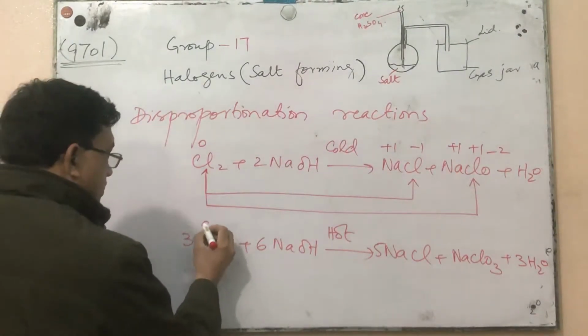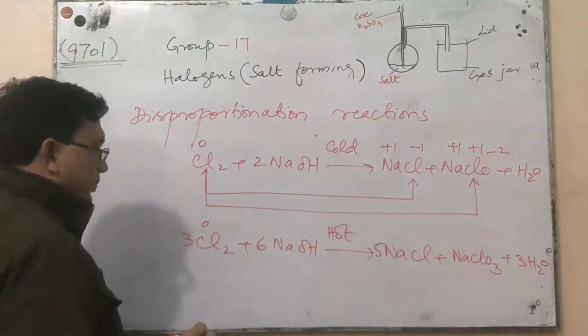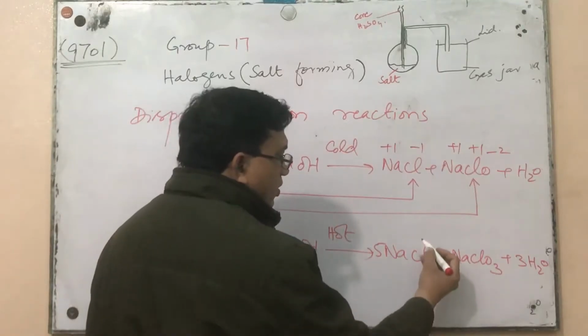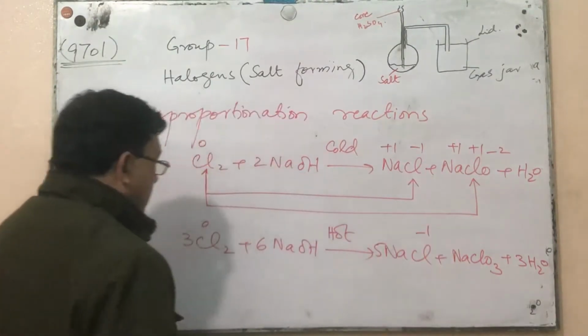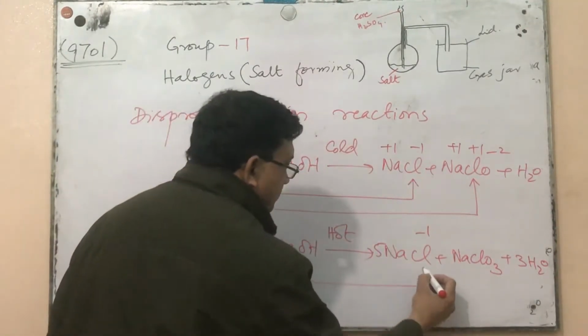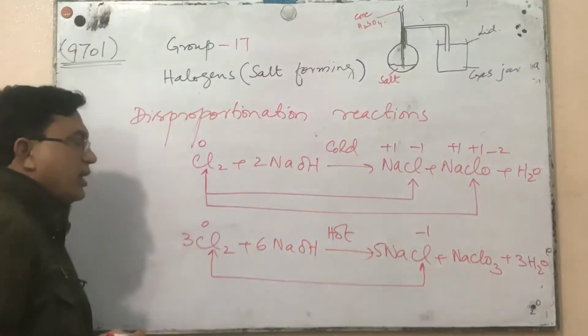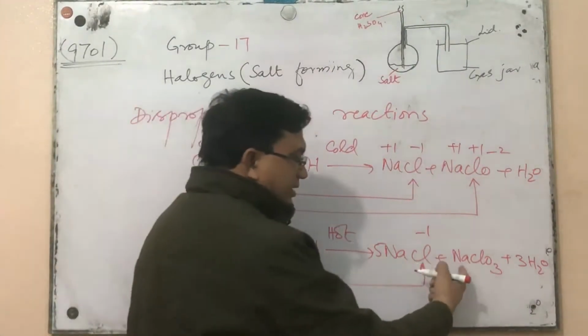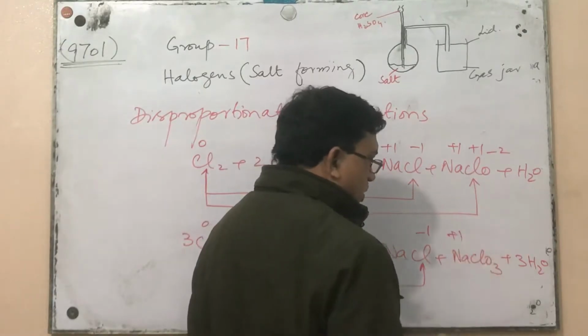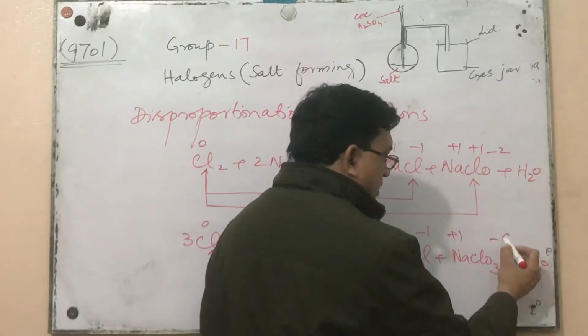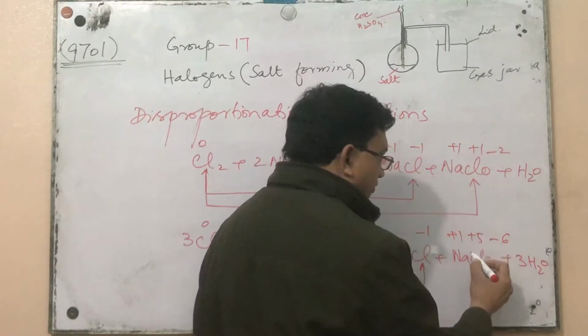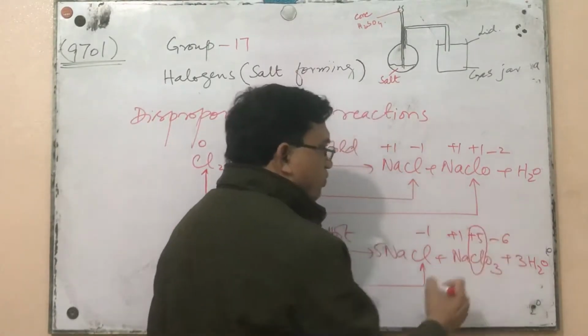Here the oxidation state of chlorine is 0. In NaCl, the oxidation state of chlorine is -1. It means that it is reduced. But in case of NaClO3, sodium is +1, oxygen is -6, and chlorine will have oxidation state +5.